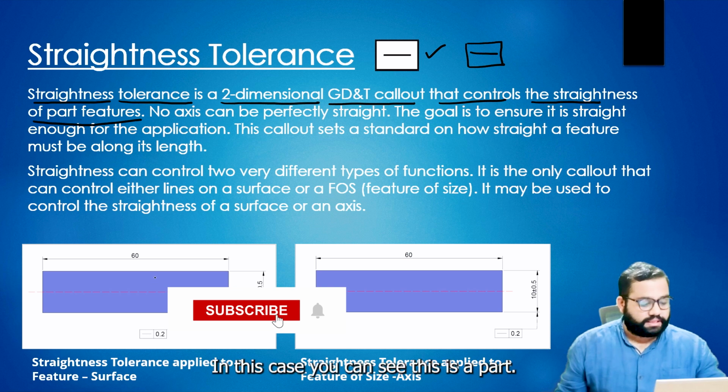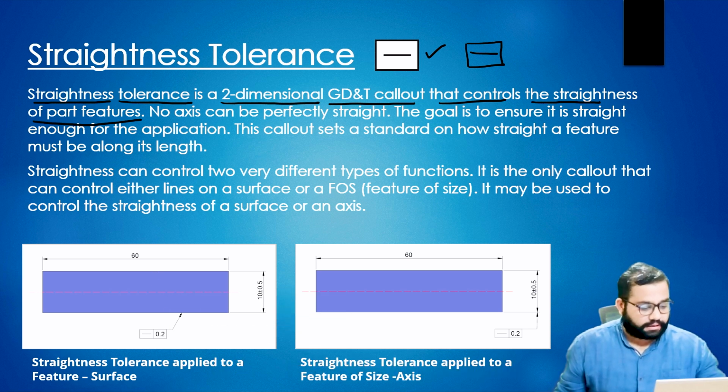In this case, you can see this is a part, and this surface has an arrow line. It is a feature control frame, and this feature control frame is pointing towards the surface.